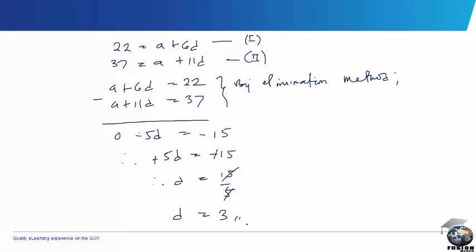Now that I have d, I can substitute d into any of the equations 1 or 2 to obtain the value for a. If I decide to substitute d in equation 1, we have 22 is equal to a plus 6d.